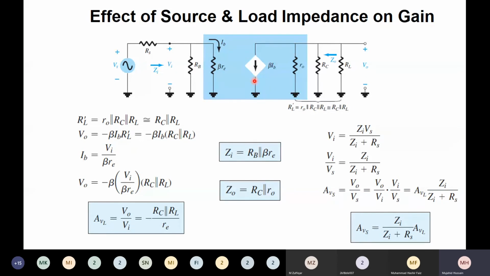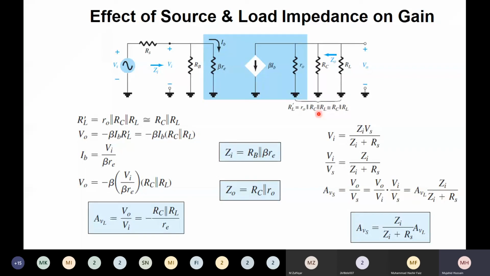You can see that this RL is now in parallel with this RC and the R naught of the transistor. So the output resistance will be the parallel combination of all these three resistances. Then you can make the simplification that if R naught is very high, if you take R naught as infinity, then you can ignore R naught and take RC in parallel with RL.